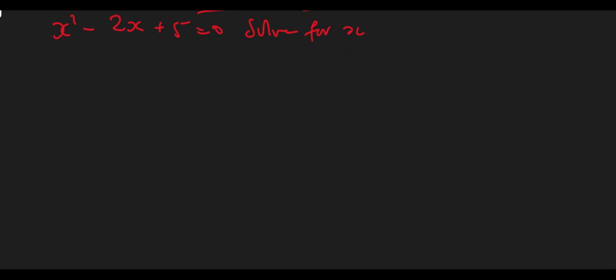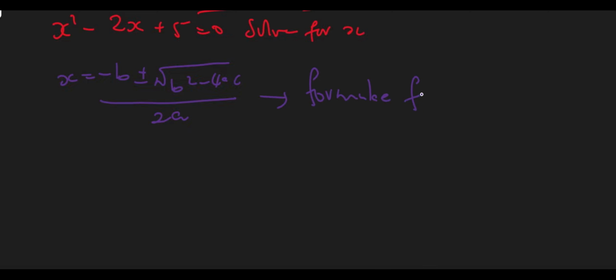We will say x is equal to negative b plus or minus the square root of b squared minus 4ac, everything over 2a. So this is the formula for solving a quadratic equation, right?